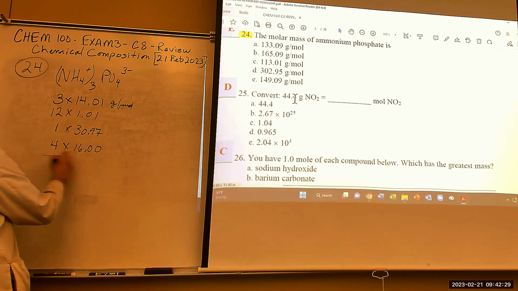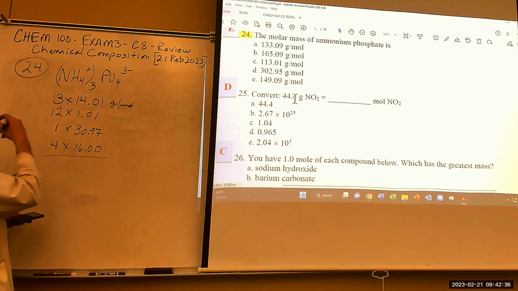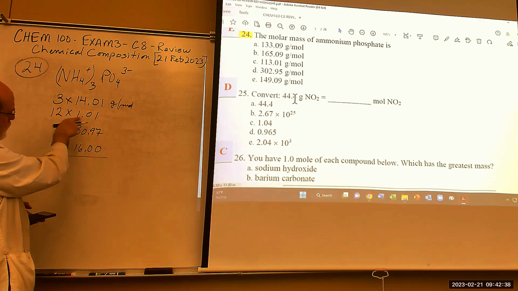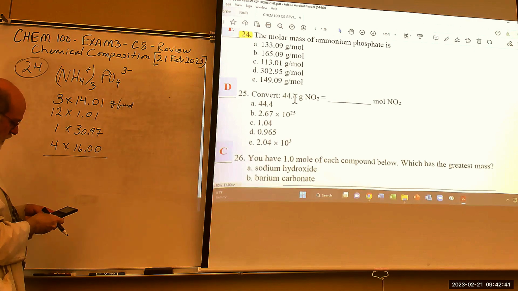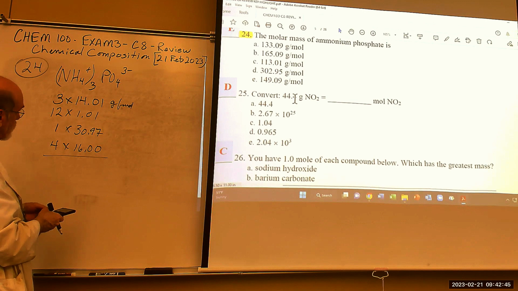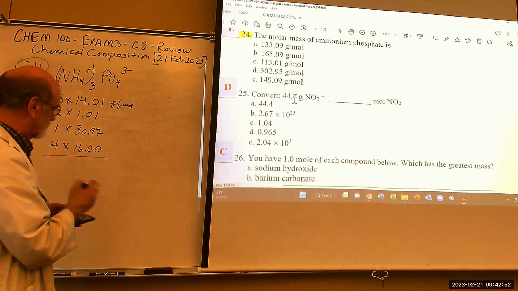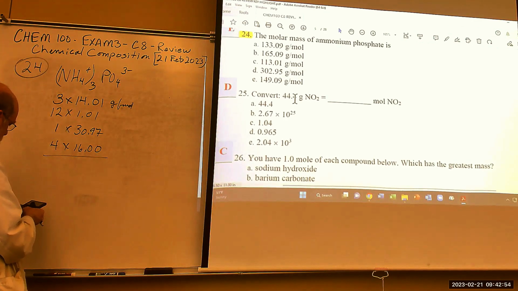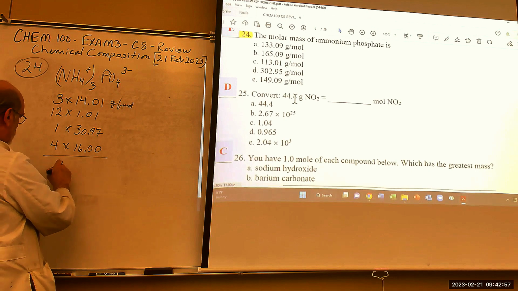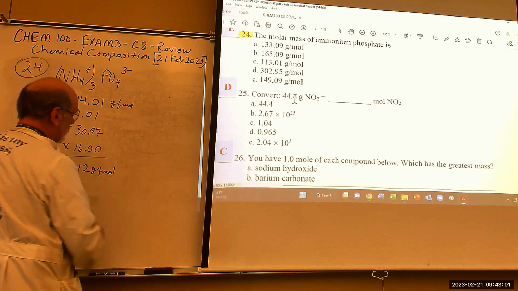So let's add them up. 3 times 14.01 is 42.03. Then 12 times 1.01 is 12.12, plus 30.97 for phosphorus. And then 4 times 16. Do that one in your head. 64. That gives 149.12 grams per mole.